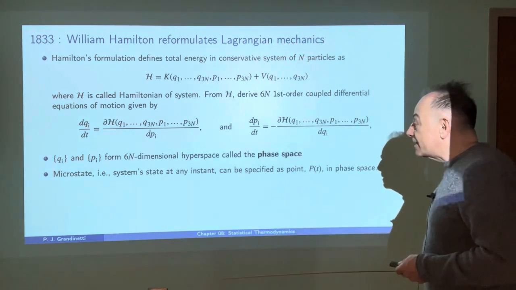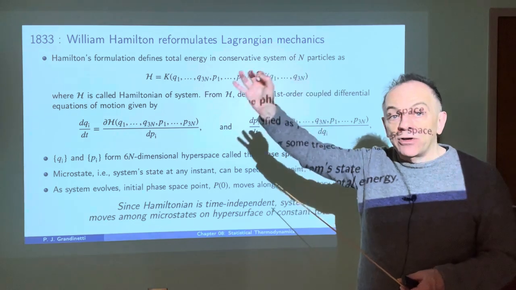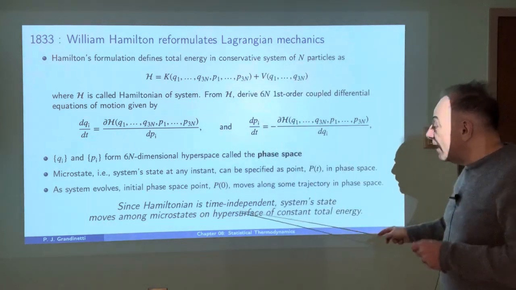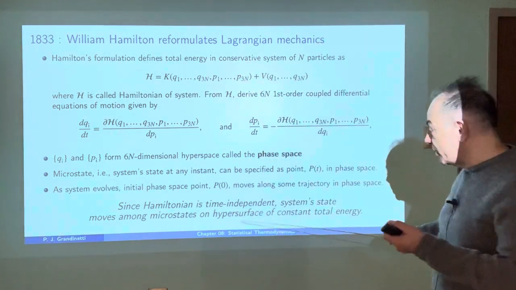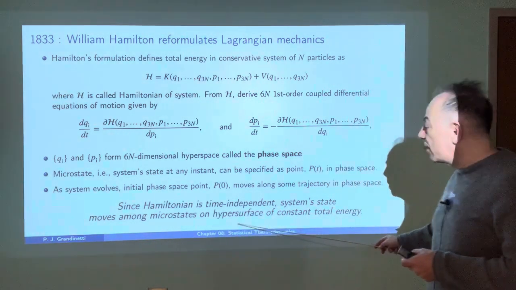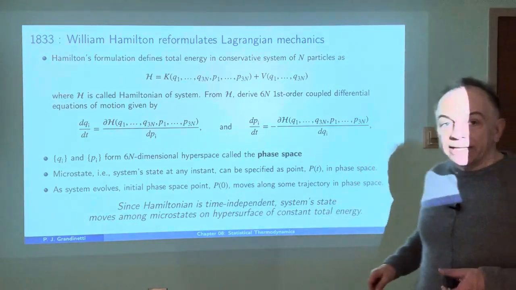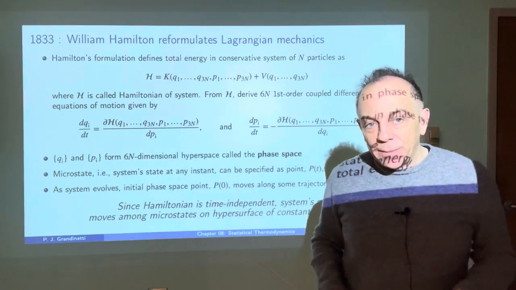Now, as the system evolves in time, that point in phase space will move along some trajectory. If the Hamiltonian is time independent, which it is in our case, then the system state will move among microstates on a hypersurface of constant total energy in this phase space.